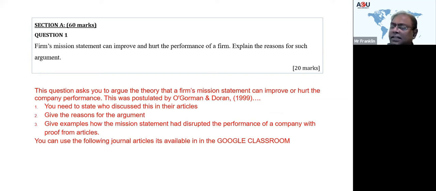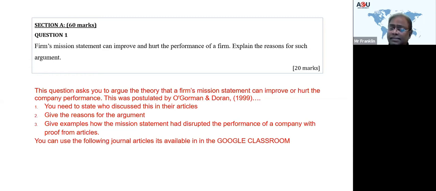If you understand the question properly, you understand the different parts of the question. In this question, there is only one part. It asks you to explain the reason for the argument. The argument is that a firm's mission statement can improve and hurt the performance. Actually, it should be "or" hurt the performance of a firm.